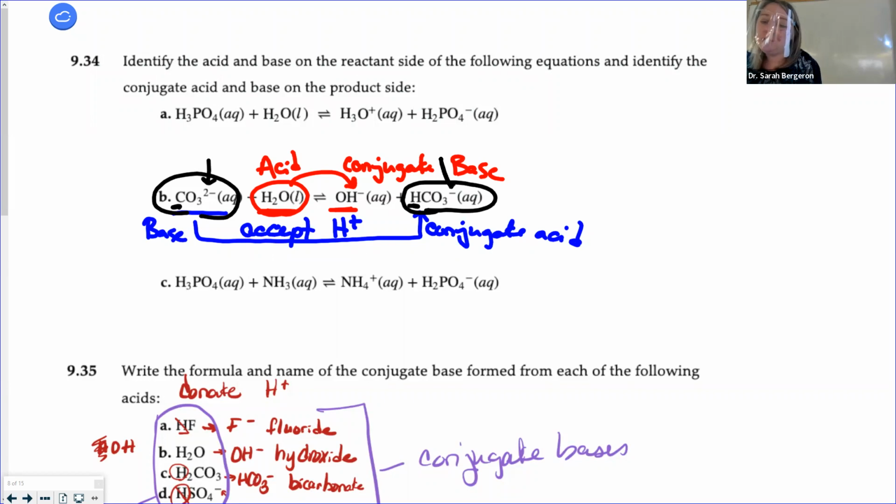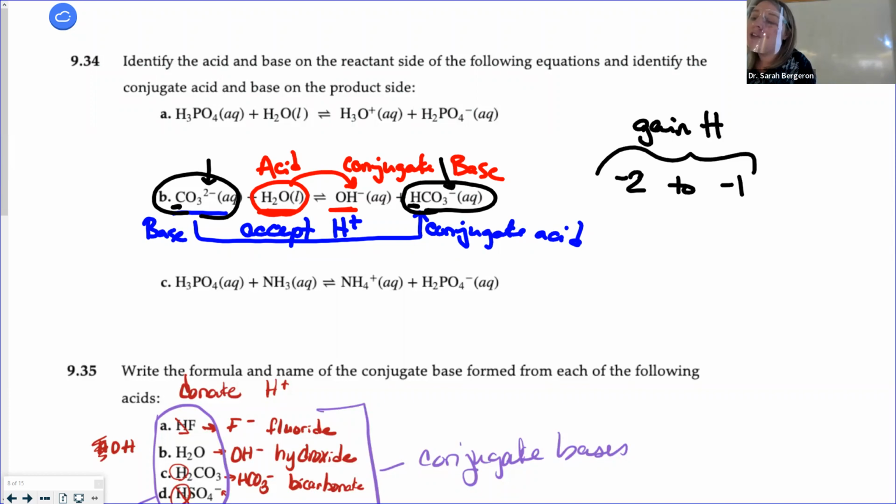It went from a -2 to a -1. Why? What happened here? We gained a proton. We gained an H plus. So we got one more positive charge. So instead of being -2, we are -1. So watch that when you're doing these.